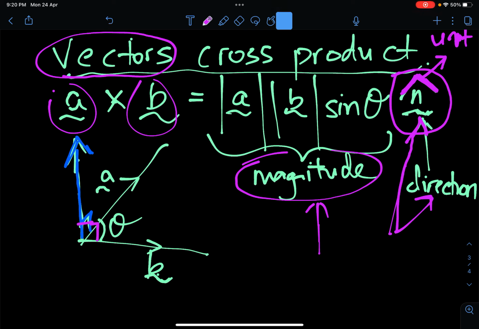I reiterate, if A and B are on this screen, n is a vector that comes out of the screen or goes into the screen. When you rationalize it this way, it's very easy to understand.